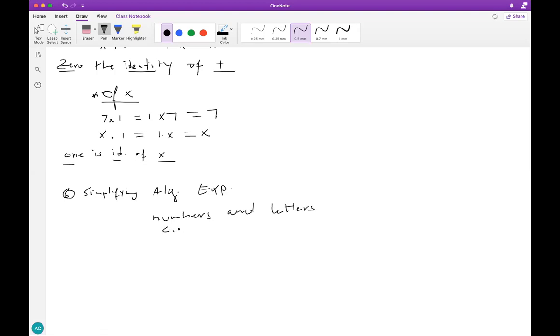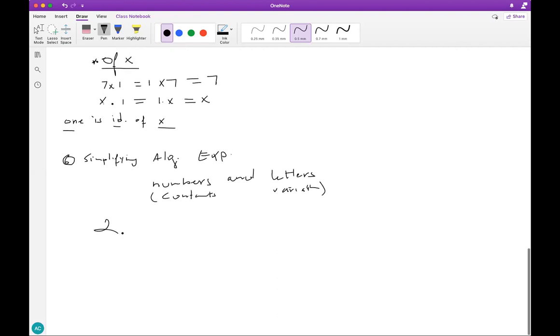which we also call constants, and variables. For example, 2x plus 1, that's an algebraic expression. Why? Because it's a combination of numbers and letters.